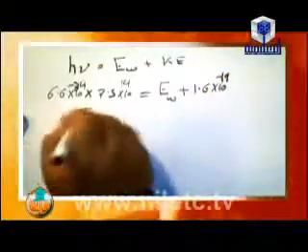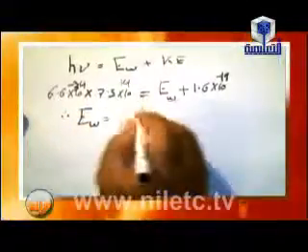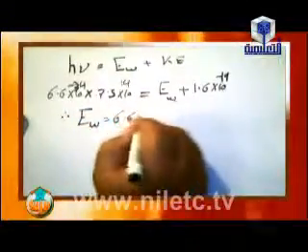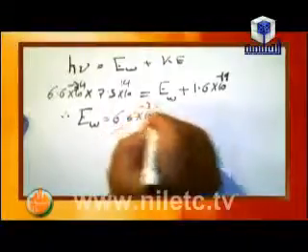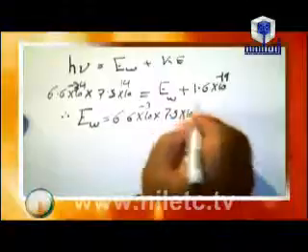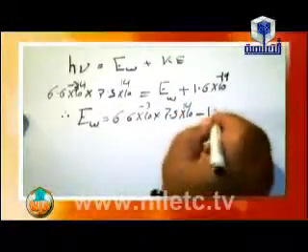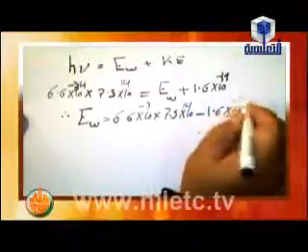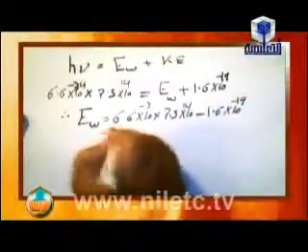Then work function equals 6.6 times 10 power negative 34 times 7.5 times 10 power 14 minus 1.6 times 10 power negative 19, which is equal to the work function.